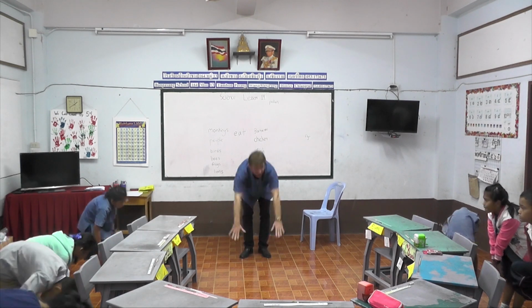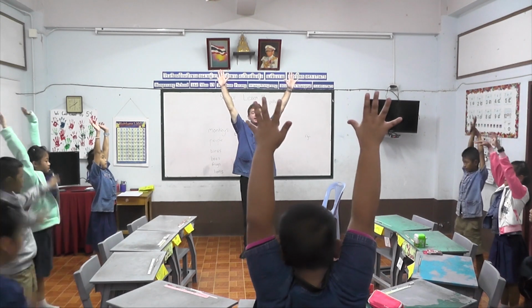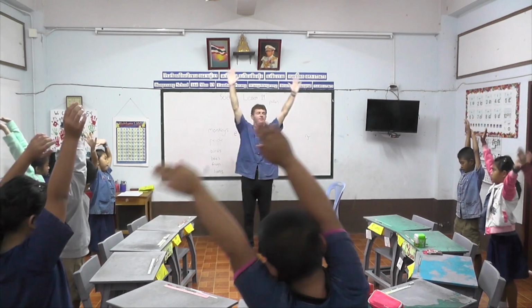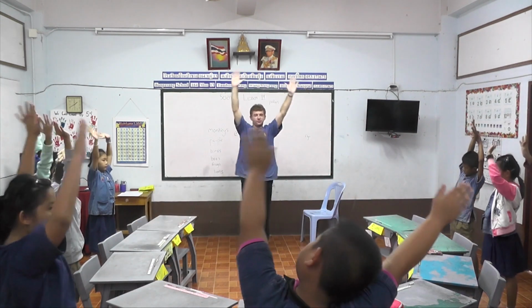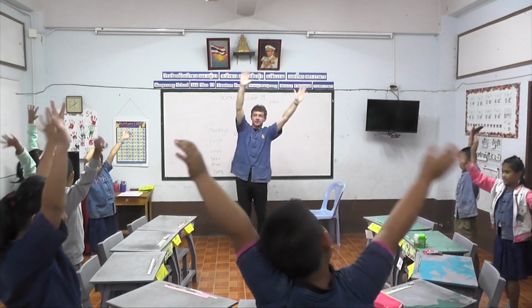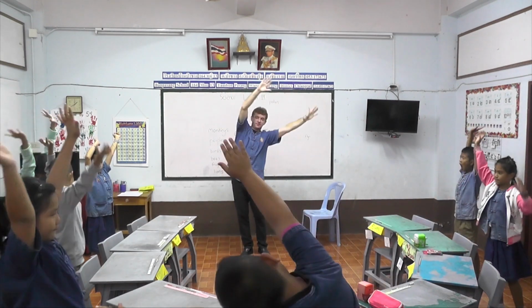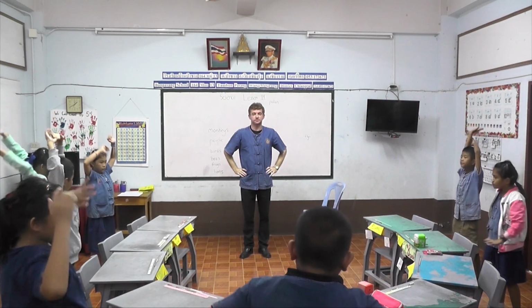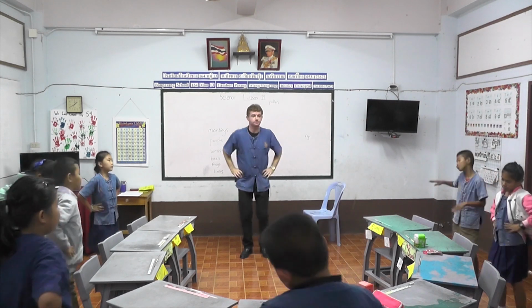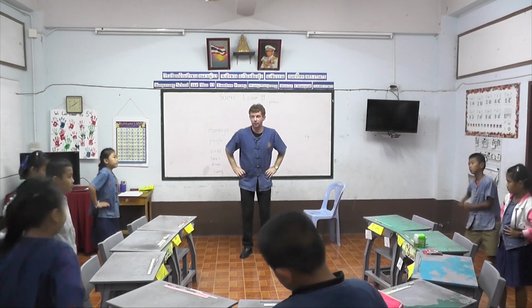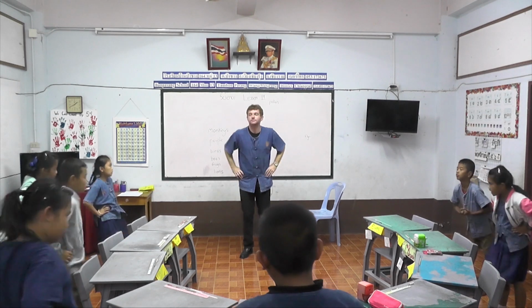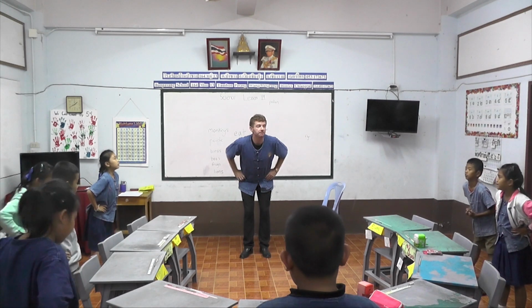And then let's go high again. High, and this time side to side. Give our spines a little stretch. Side to side. And now hands on hips. Give a little wiggle. Wiggle backwards and forwards. Stop.